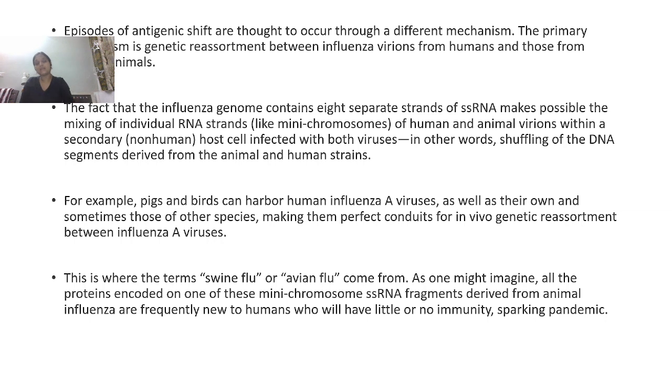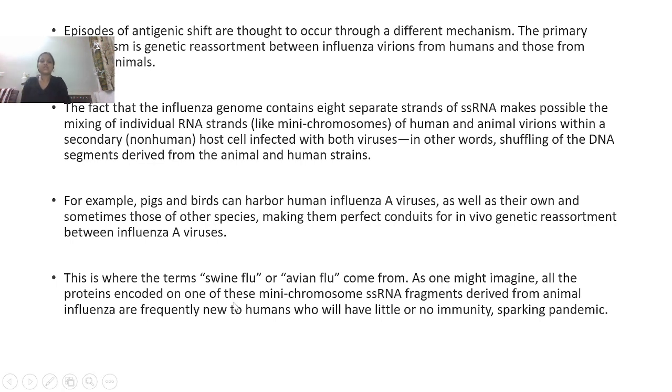For example, a pig or a bird can have its own influenza virus, it can have human influenza virus, it can have pig influenza virus. So what happens? There will be a mixture of all these influenza viruses, a new kind of strain will come via genetic reassortment, via antigenic shift and drift, and it can cause pandemics.